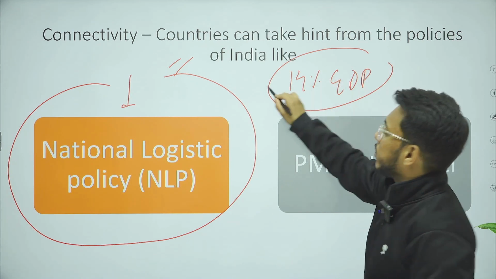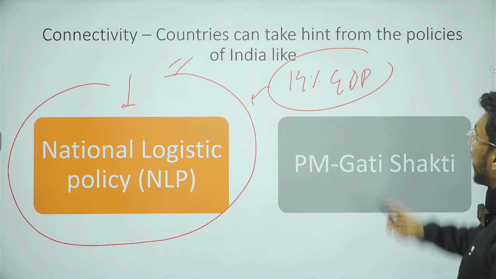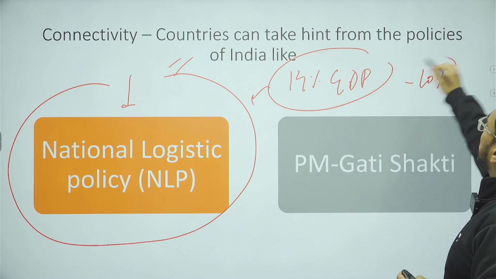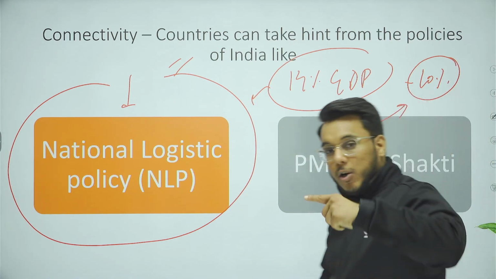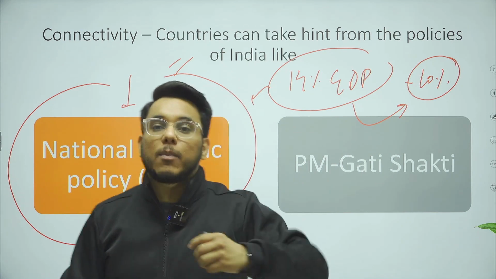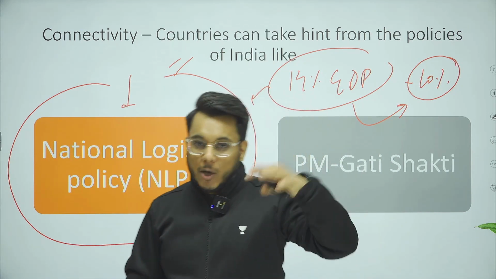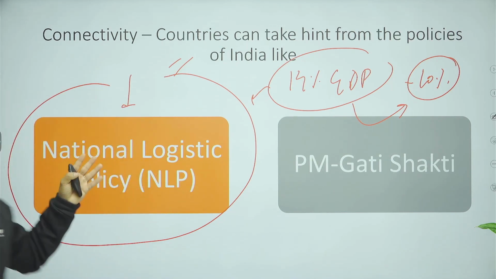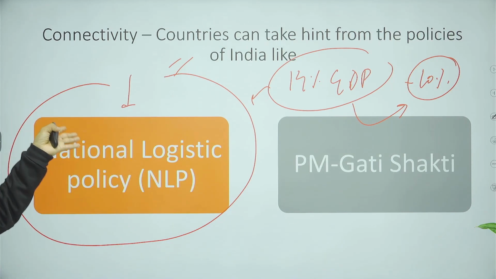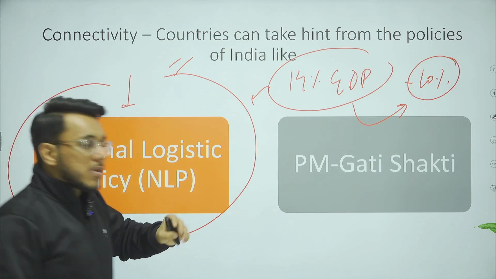We need to reduce it to just 10% of GDP. So if transportation cost is reduced, our goods, when exported, will become more competitive, because their cost will come down. So by the National Logistic Policy, we are trying to ensure that connectivity and logistic handling becomes better and affordable.